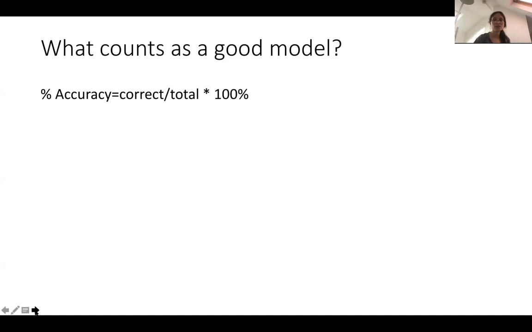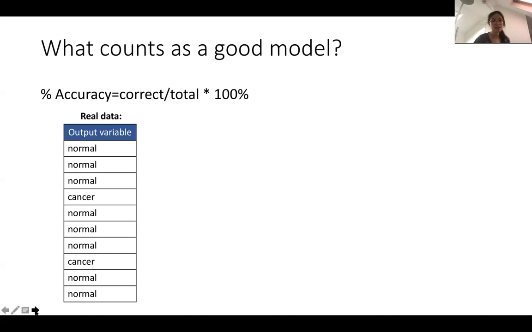So what counts as a good model? One way is percent accuracy, which is the number of correct over the total number times 100%. However, we need to always compare our percentage accuracy to a proper baseline.